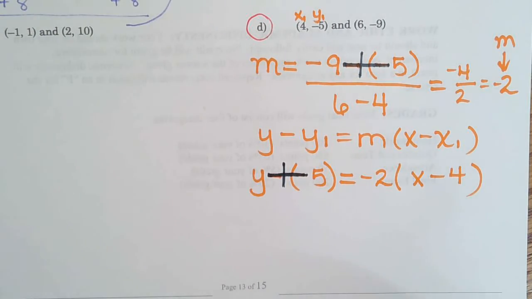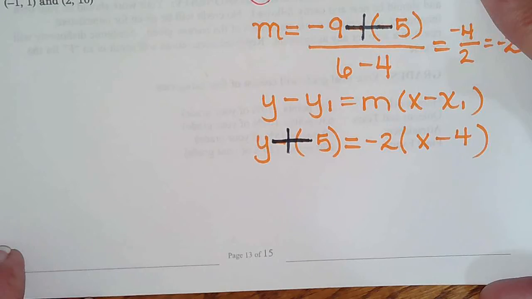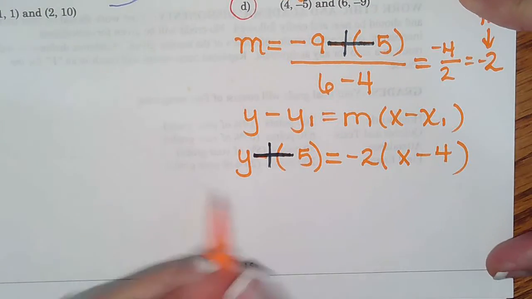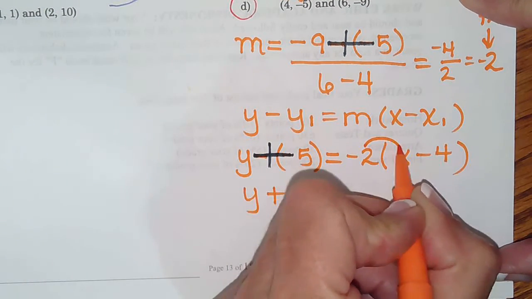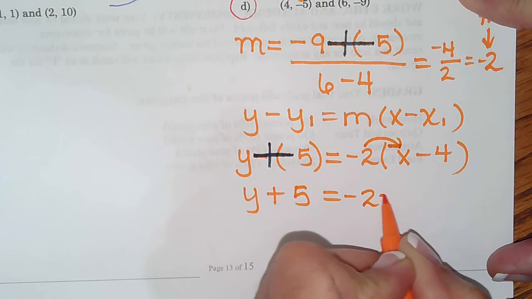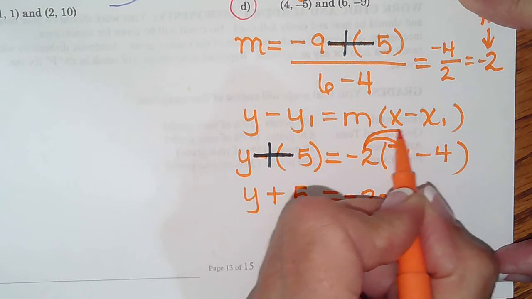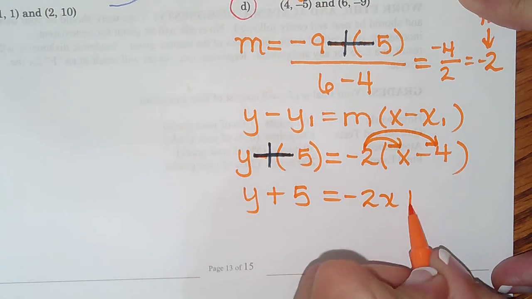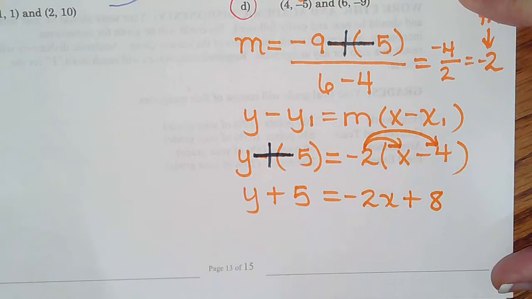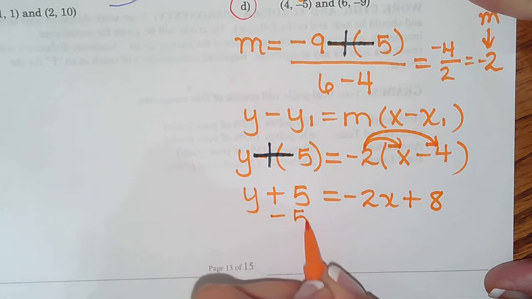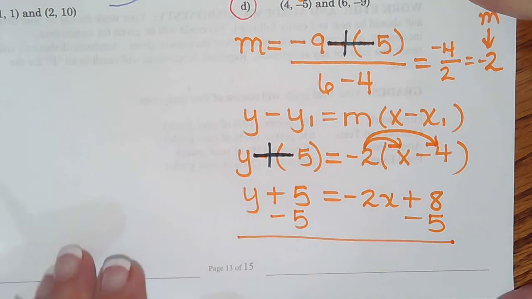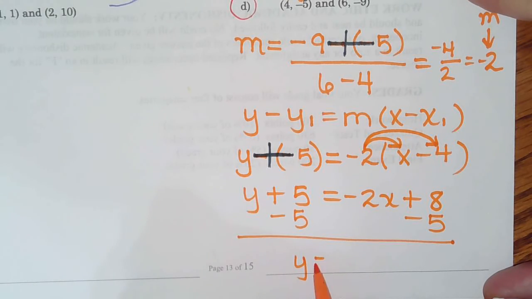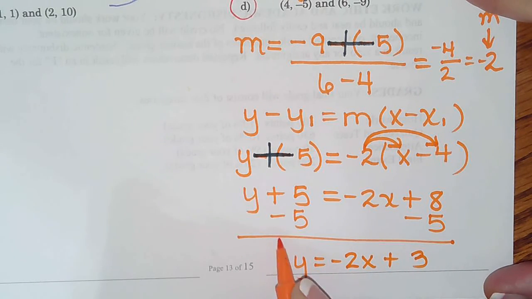So this turns into y plus 5 equals negative 2x. And be careful on this next step. Plus 8. Subtract 5. Subtract 5. And we get y equals negative 2x plus 3. 8 minus 5 is 3.